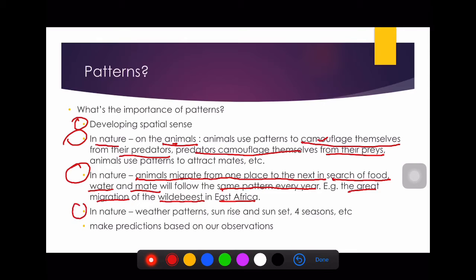And also in nature, we can find weather patterns like the sunrise and the sunset, and then patterns in four seasons, etc. Because based on the patterns, we can actually make predictions of the future weather patterns or the future seasons, and so on and so forth, based on our observations.